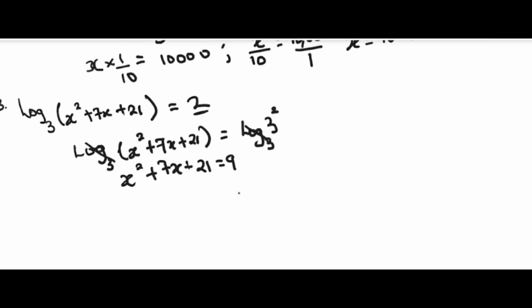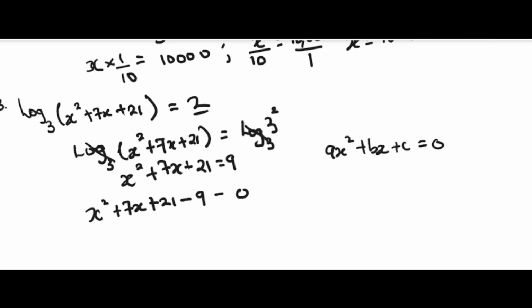So collecting like terms, as you can see, we have a quadratic equation, all right? So, quadratic equations are meant to be in this form. So expressing it in that form, we will have x squared plus 7x plus 21 minus 9 is equal to 0.